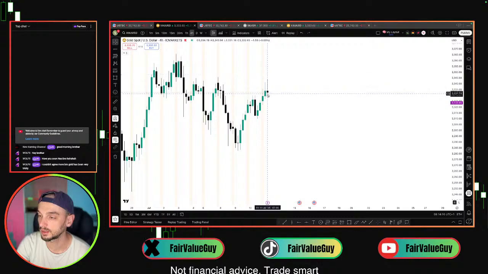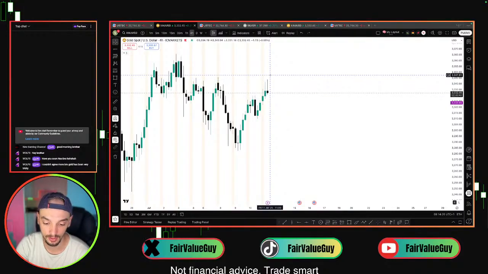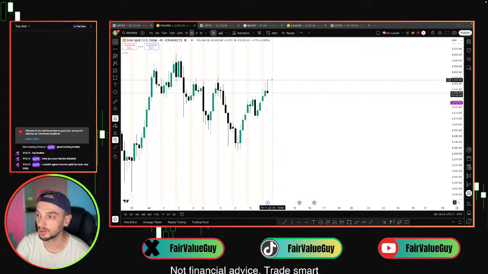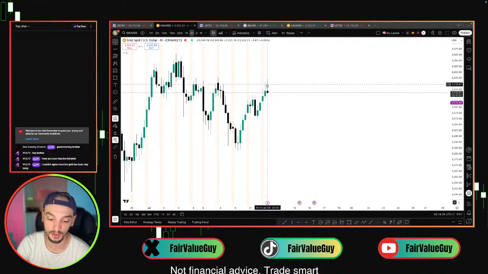So I won't be surprised if we have a body down here, then the next 4-hour candle wick here, and a candle and body going even higher. Because of this week, this is what this 4-hour wick is telling me. It will go down today for new entries.